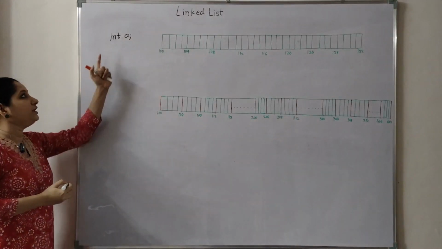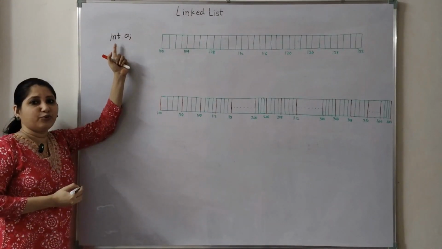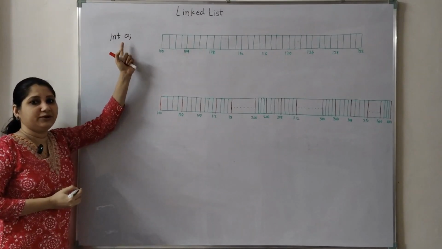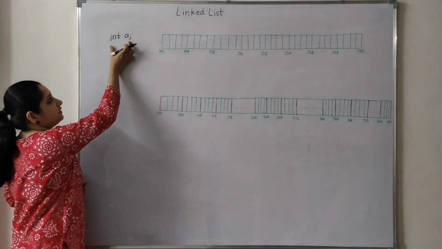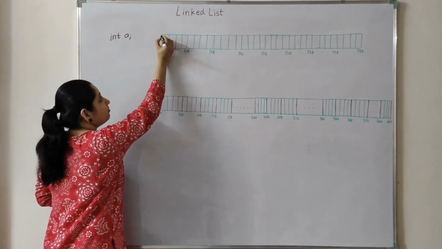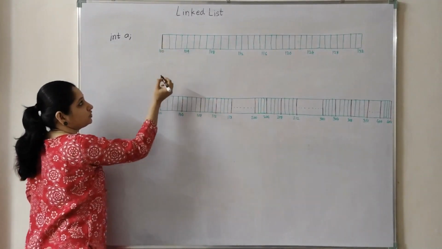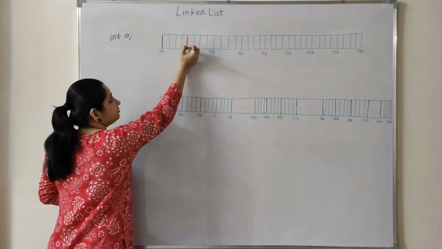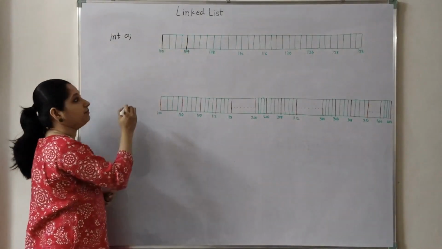So the integer variable a will require 4 bytes to store the data in memory. That variable will be stored at this memory location, and the 4 bytes, from location 100 to 104, will be allocated for our variable a.